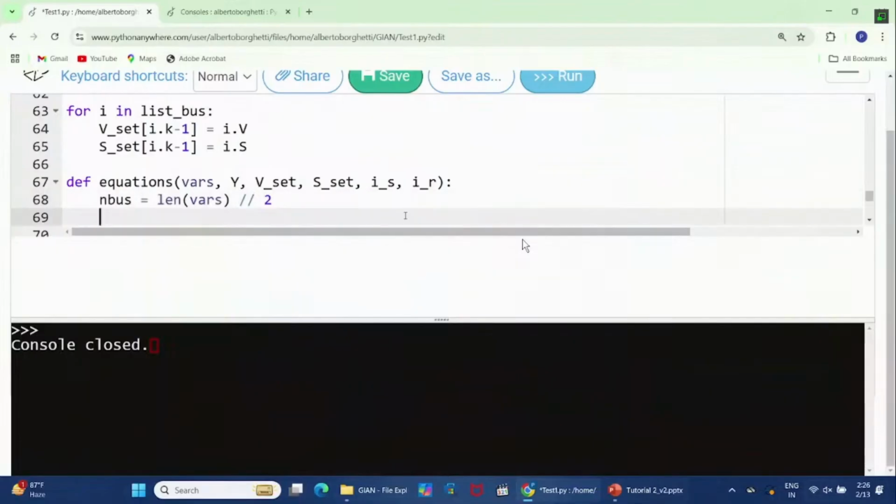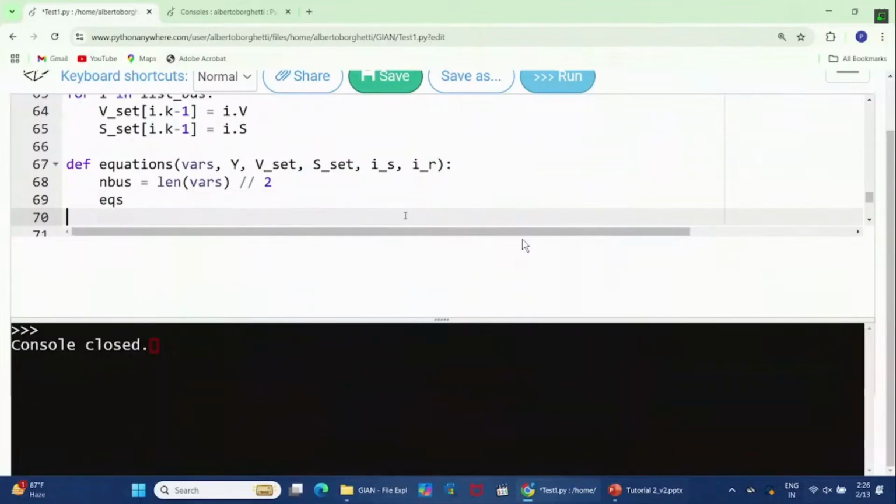Then the number of equations I need to store. I can create a list that I will call equations. That is an array that includes the values of the equations or the residuals, because they are equality constraints.